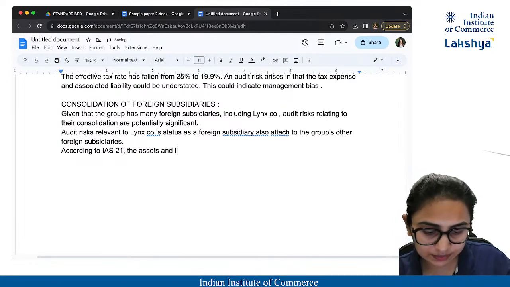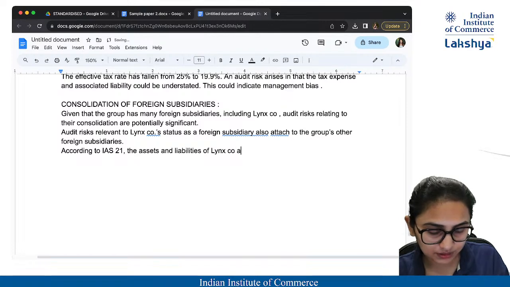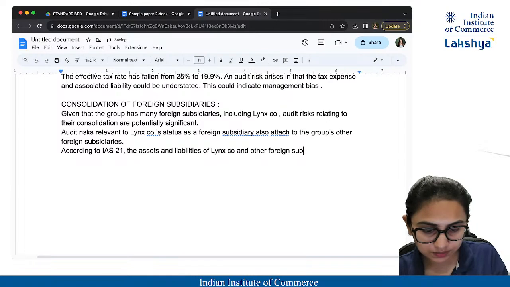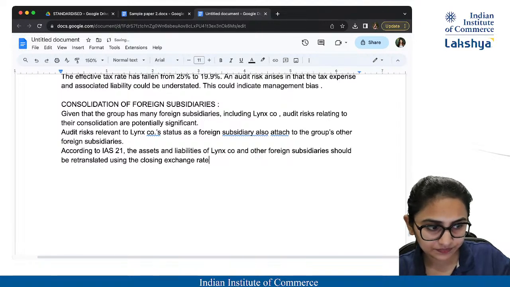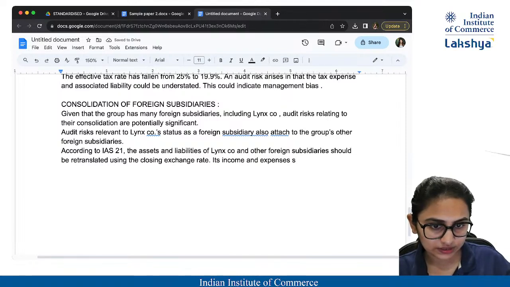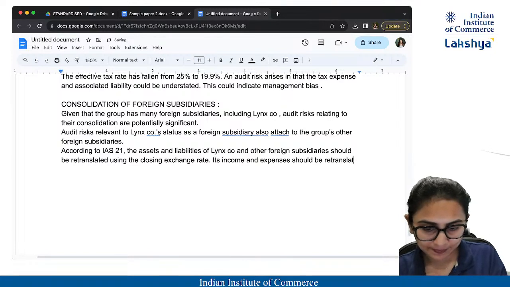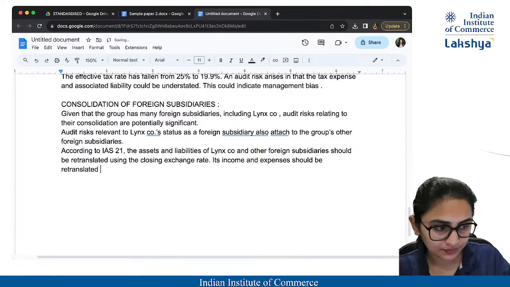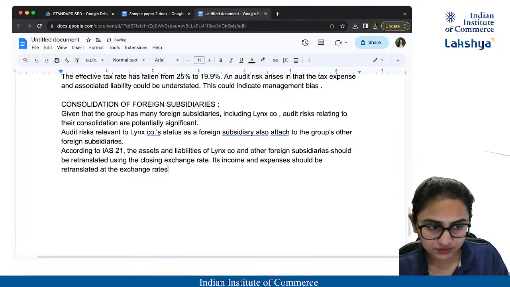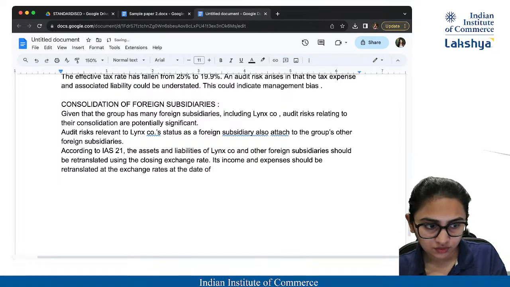The assets and liabilities of Links company and other foreign subsidiaries should be retranslated using the closing exchange rate, then its income and expenses should be retranslated at the exchange rates at the date of the transaction.